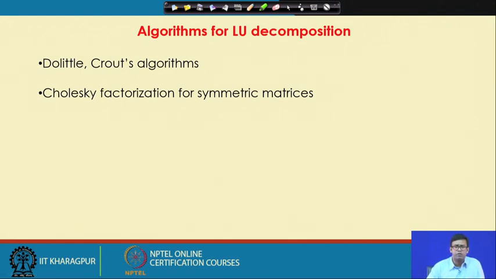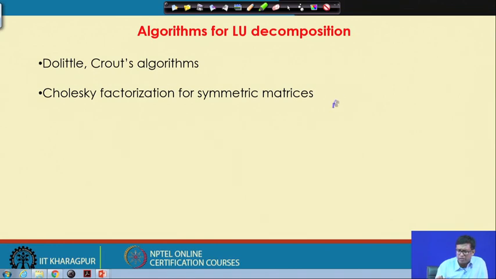These are a few of the popular algorithms for LU decomposition, and for symmetric matrices there is Cholesky factorization. Interestingly, for symmetric matrices you do not do LU, rather you find A is equal to L L transpose. So, if you find only the L matrix, your work is done; half of the work has to be done for a symmetric matrix.